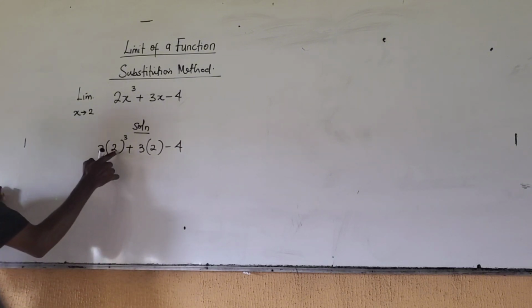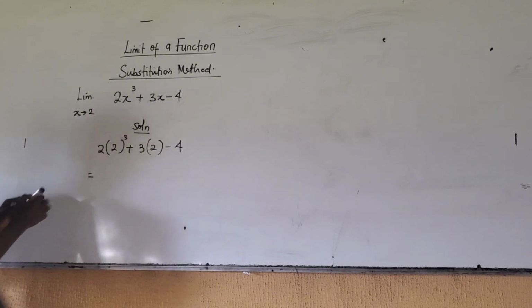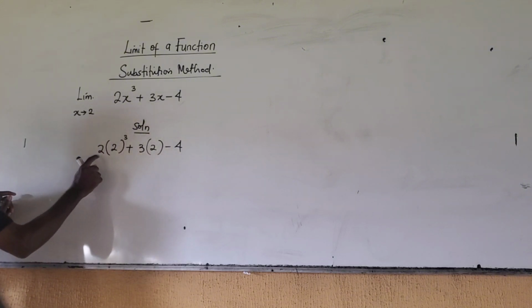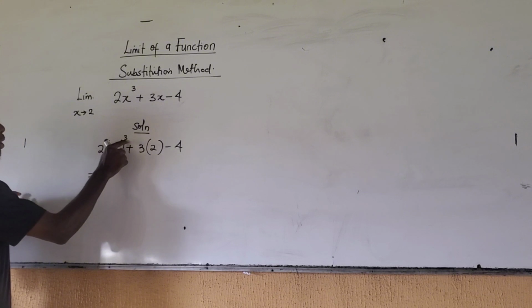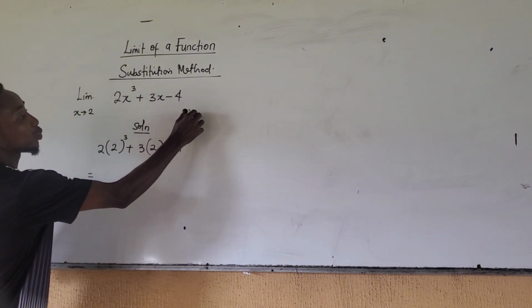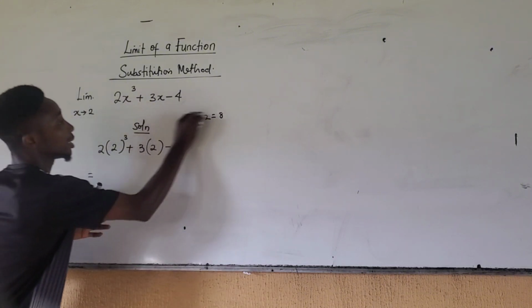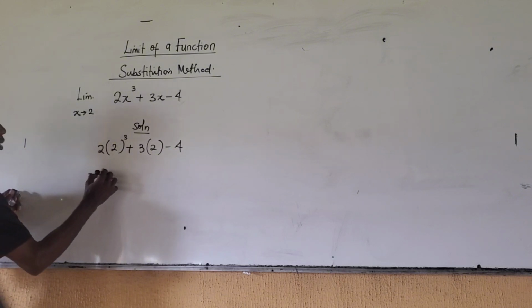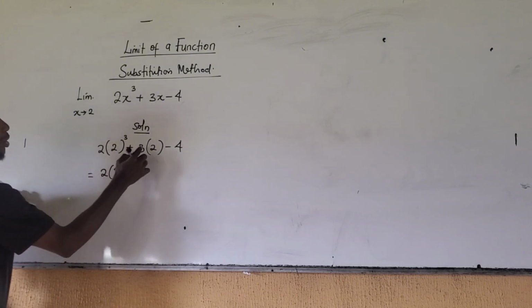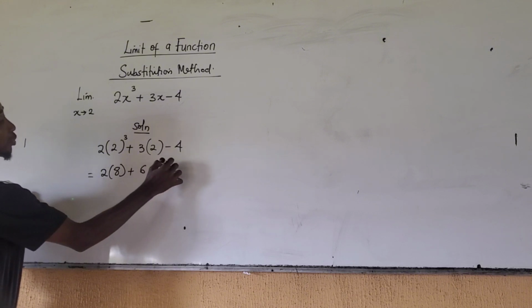So this becomes 2 times 2 raised to power 3. Now in mathematics, you have to work the bracket first before you multiply by this number here. 2 raised to power 3 means 2 times 2 times 2, and that will give us 8. So 2 times 8 is 16, plus 3 times 2, 6, minus 4.